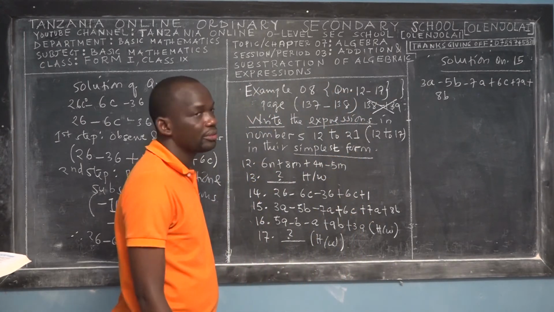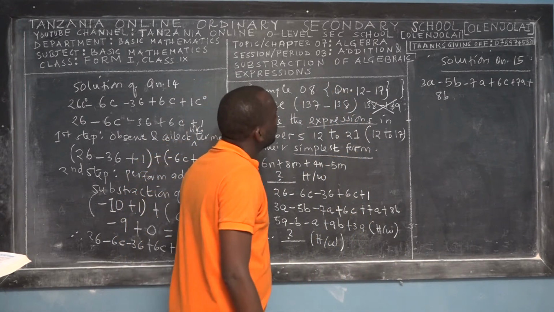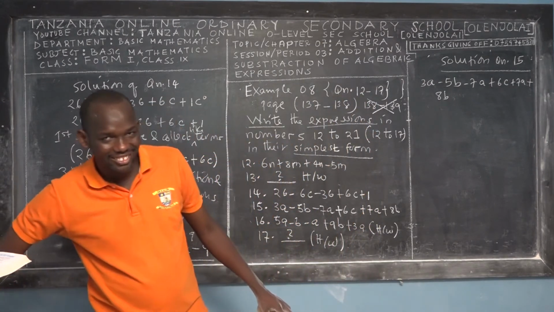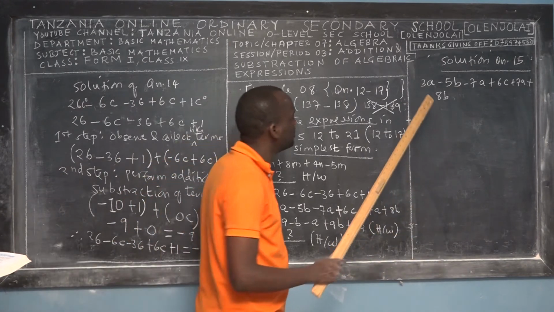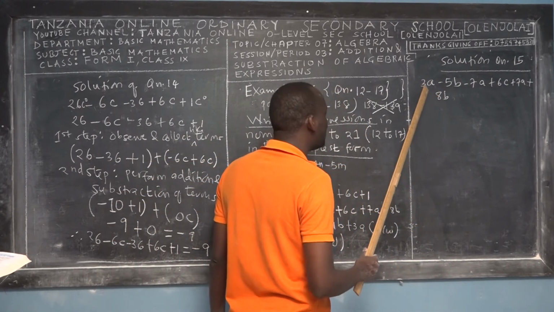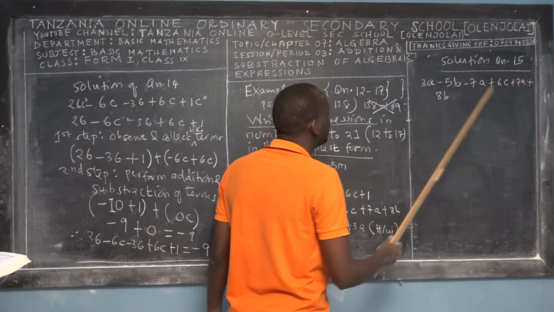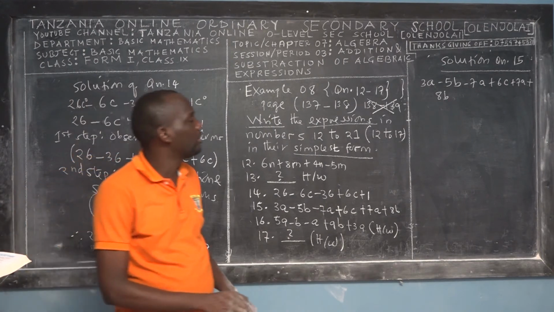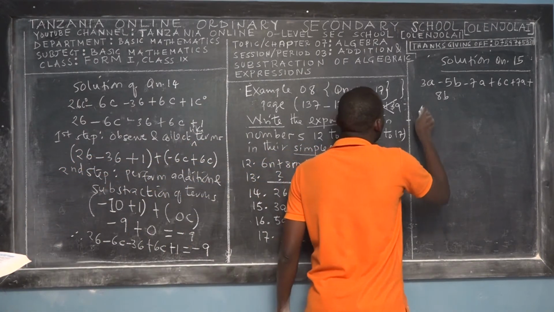So that's the expression that we have. Well, how do we solve it? First of all, how many terms do you have? You have so many terms compared to what you had. 1, 2, 3, 4, 5, 6. Tuna terms ngapi? Ziko 6.